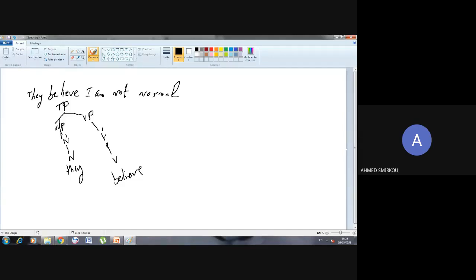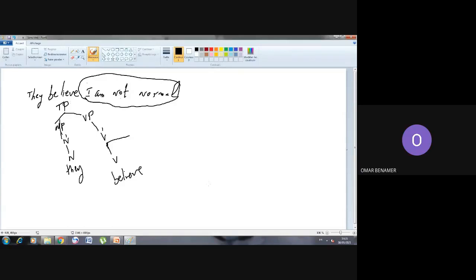So we have to branch it from the V bar. Also, "I believe that I am not normal" is a clause which functions as the complement of the verb believe, so it must be sister to X zero, dominated by X bar.